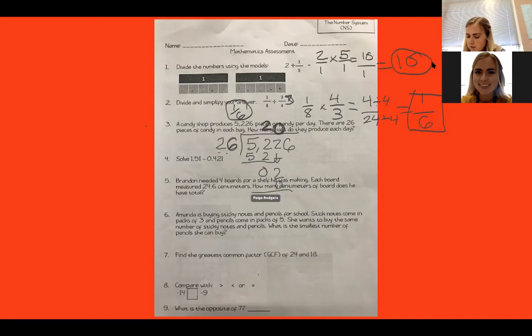I would subtract and get 2. I bring down the 6. How many times does 26 go into 26? 1 time. 1 times 26 is 26. And I have 0 left over. So 5,226 divided by 26 is 201. So that would be 201 bags of candy that they produce each day.